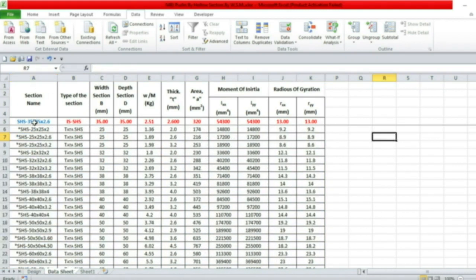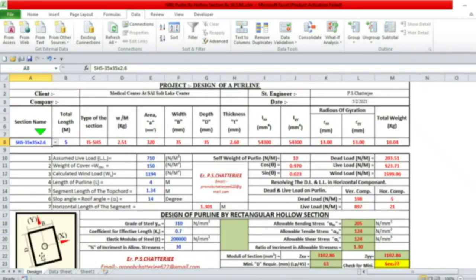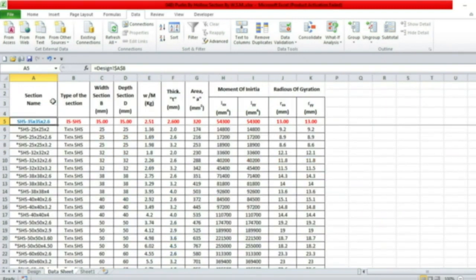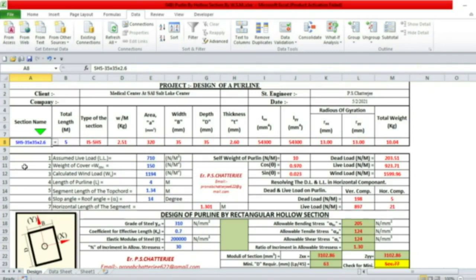Now this is equal to the selected member, that is A8. The name of this set is design A8.